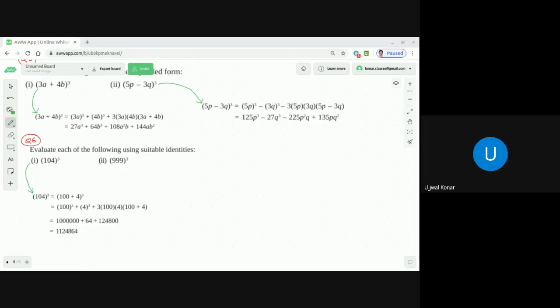What happened? Any doubt? Sir, I got 997002999. One by one, I'll appreciate it if you say. Yeah, Srivali, go ahead. 997002999. Yeah, your answer is absolutely correct. Others got the same thing. Yes, sir, I have also got the same thing. Okay, Manishika. Yes, sir.